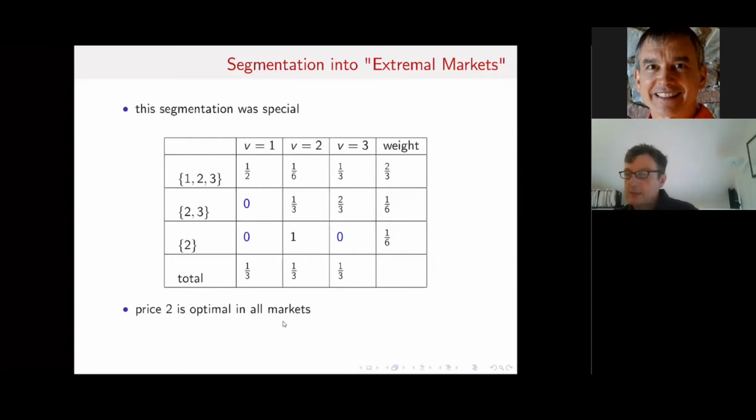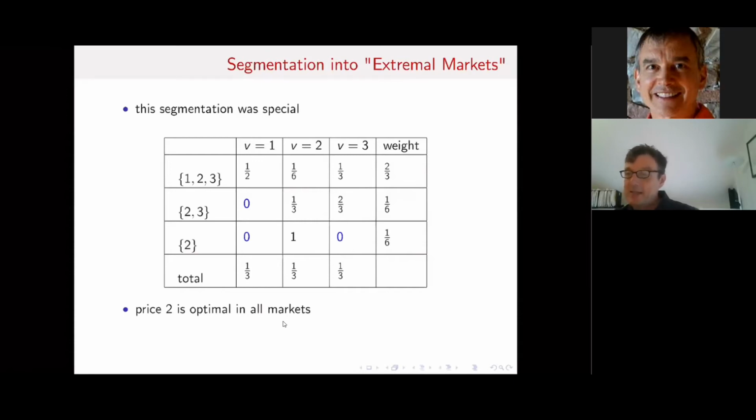These are just examples of probability distributions with changing support. If you now go carefully through, and I invite you to do the math, you will find that whenever the support is 1, 2, 3, in fact, the price 2 is optimal in these markets, but something more is true. 1 is optimal also, 3 is optimal also.